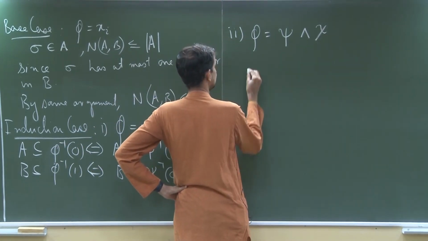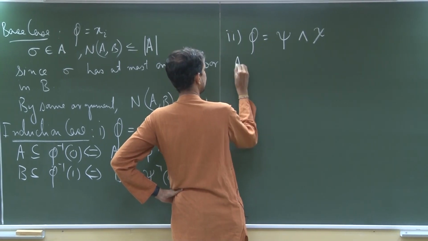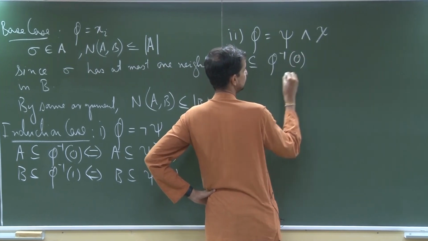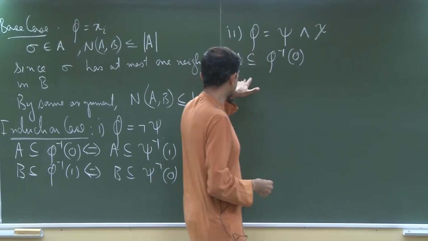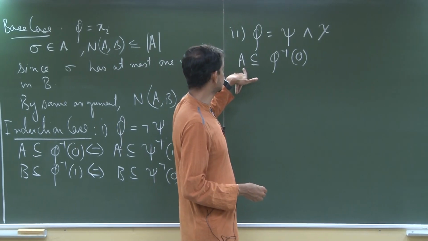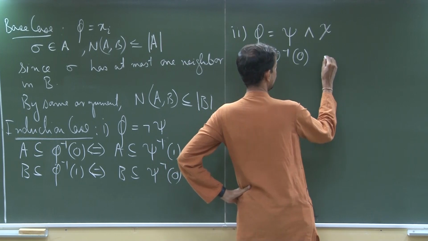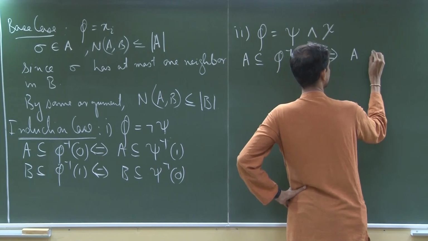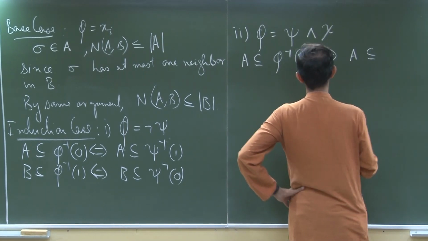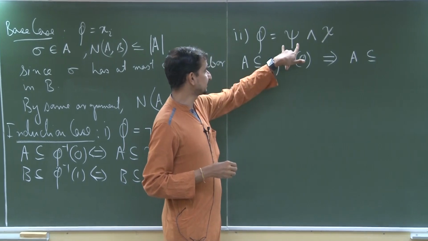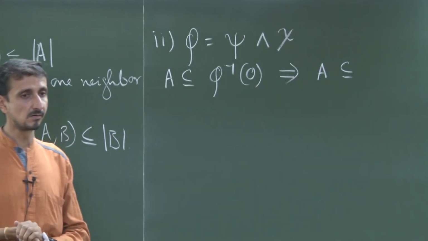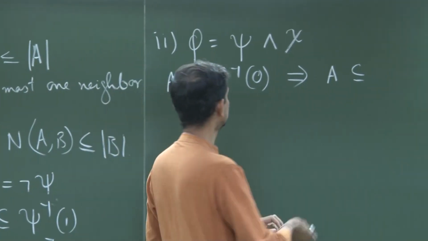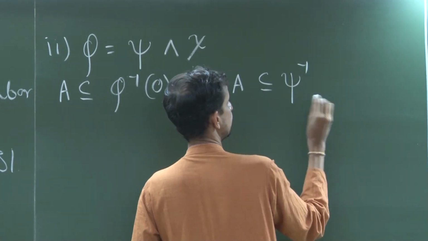Suppose I have A, which is a subset of phi inverse 0, which means that all inputs in A map to 0, then what do we have? That A is a subset of. So, what can I say about A with respect to psi and chi? Psi inverse 0.